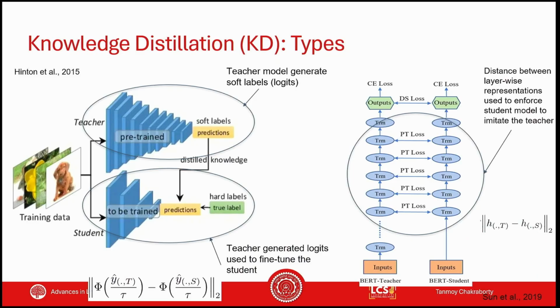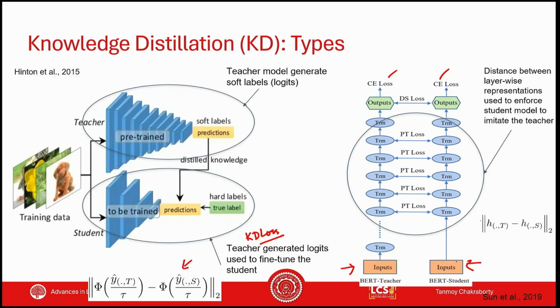Then later on, in 2019, the TinyBERT paper came. Some of you remember the paper TinyBERT, right? There they said that KD loss, remember this term, KD loss, knowledge distillation loss, is fine, but we should also look at layer-wise loss. Let's say this is your teacher model, this is your student model.